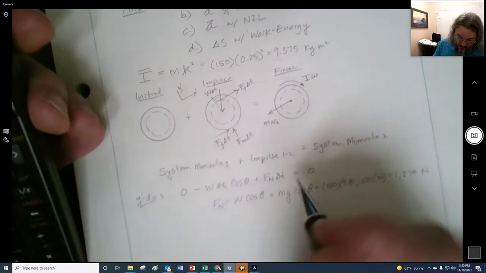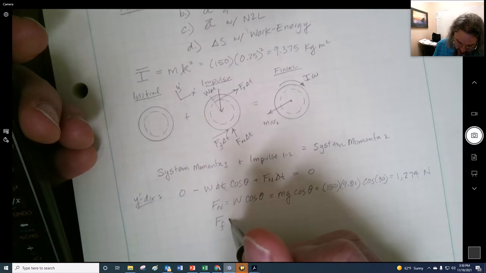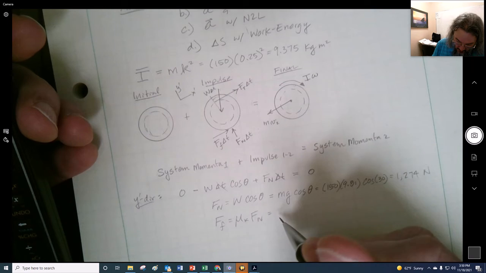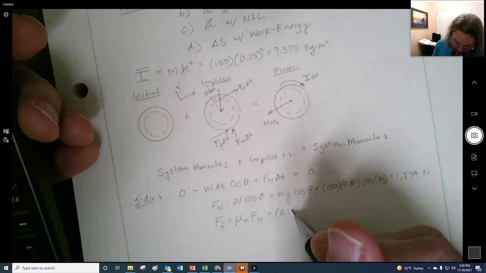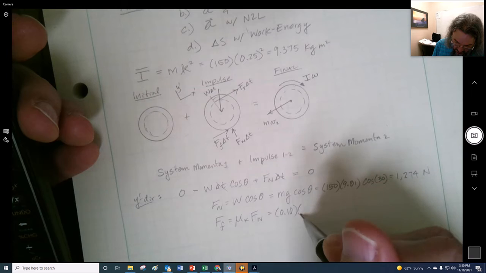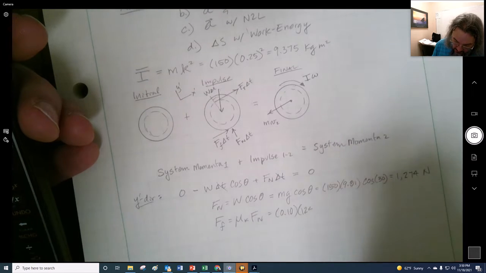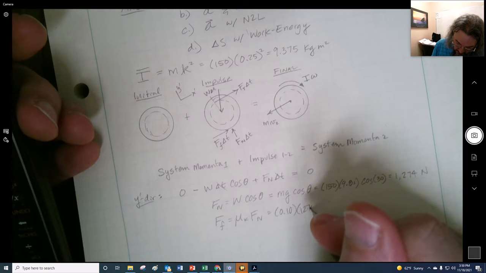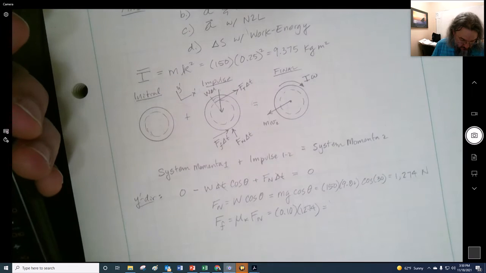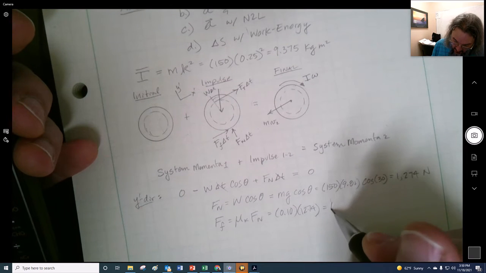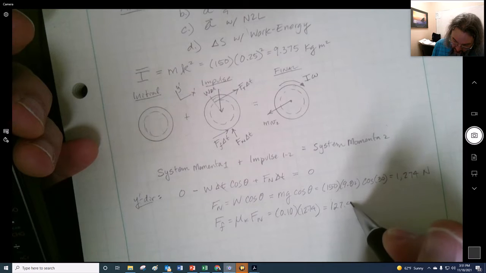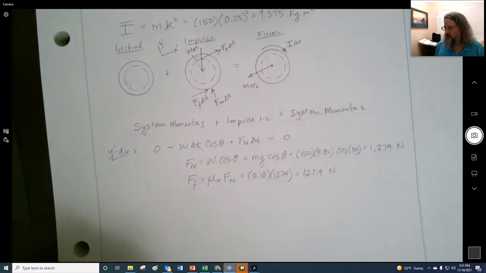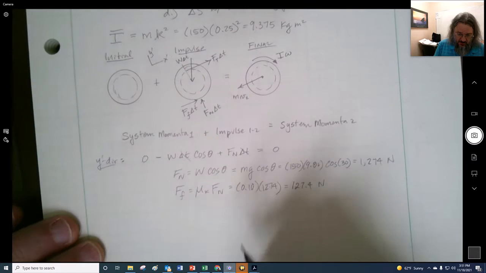So the friction force is just going to be 0.1 times that. I don't have to do that in my head, right? 127.4 newtons. Duh. All right, so now we're going to do the x prime direction.